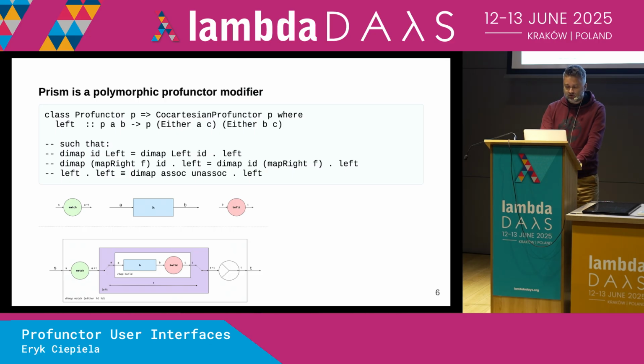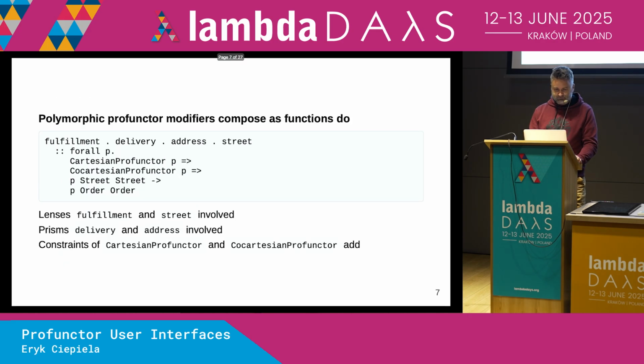With a prism, we need a co-Cartesian Profunctor instance, which has the method left, which allows us to conditionally bypass the Profunctor for the left or right case, as in this picture.